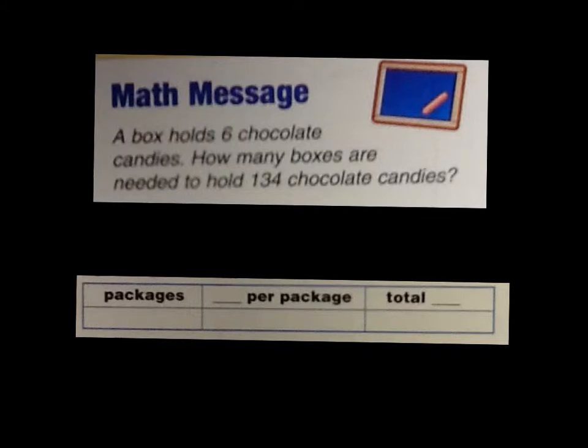The math message is: a box holds 6 chocolate candies. How many boxes are needed to hold 134 chocolate candies? Help me out with filling in the chart below. What do we know, and what should our labels be? Right, we know that this is going to be candies per package, and there are 6 per package. We know the total candies is 134, and we don't know how many packages.